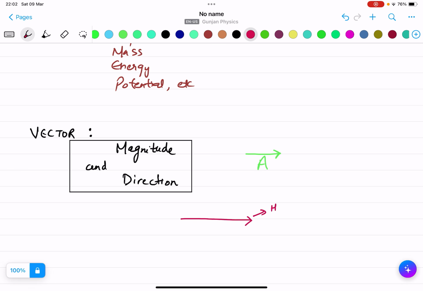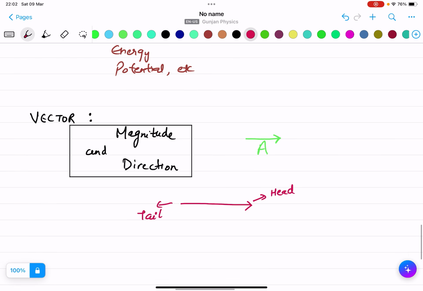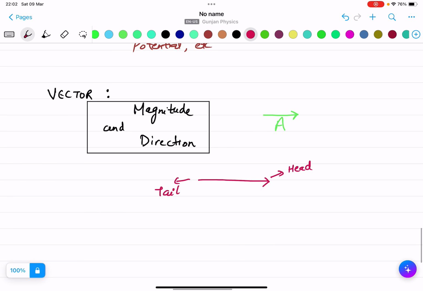This area is known as the head and this area is known as the tail. This is the way we represent a vector. If there is this vector sign on top of anything, that means there is a direction. You understand this? Now if I say A, then we can say it is a magnitude. This is basically how the vector is represented.